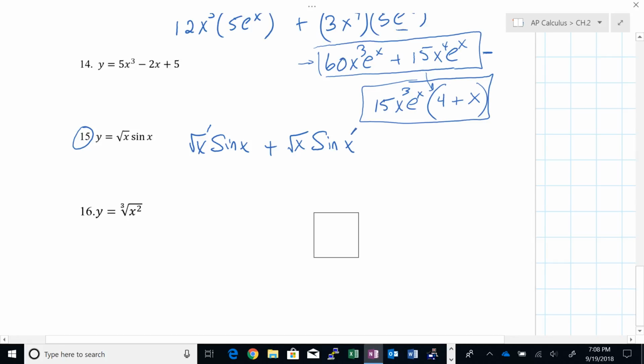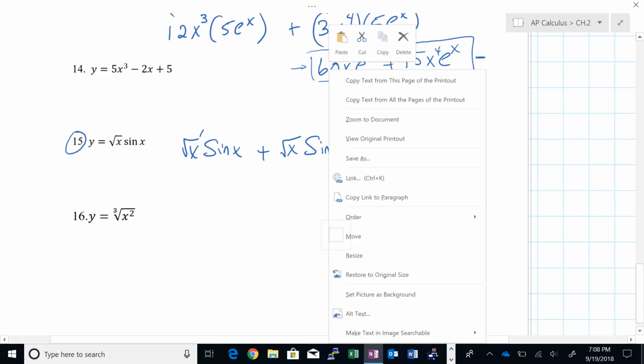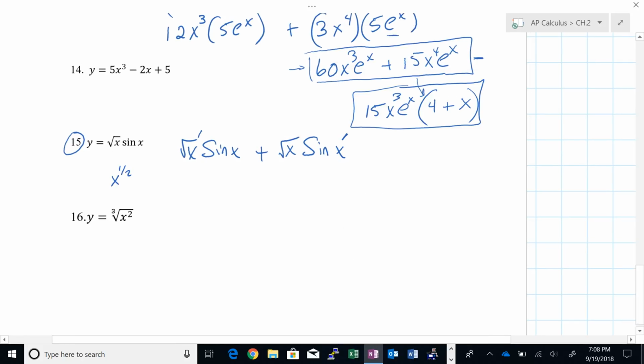Square root of x is really x to the 1/2. So that becomes 1/2 x to the negative 1/2 times sine of x. And then we're going to do derivative of sine, which is cosine of x. And I'll just, for the fun of it, leave this as x to the 1/2 cosine of x.